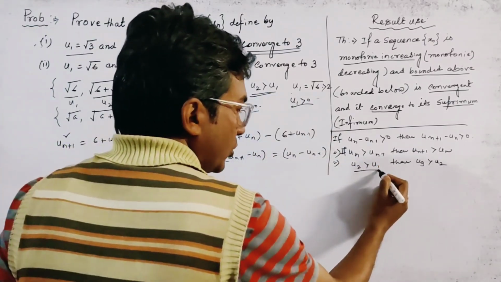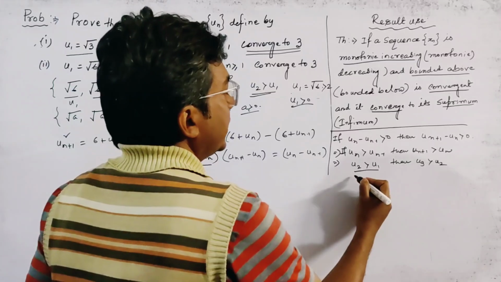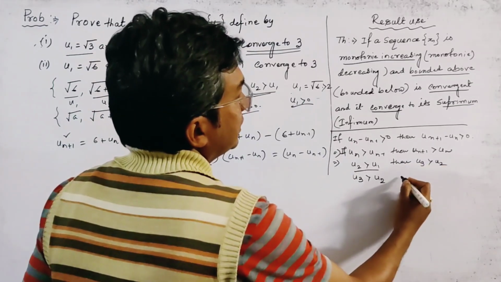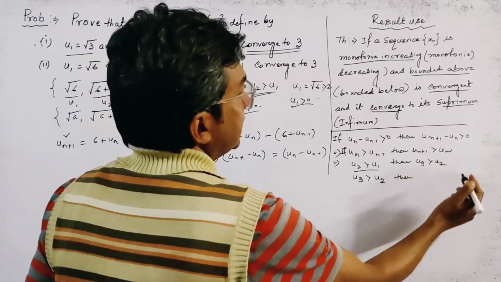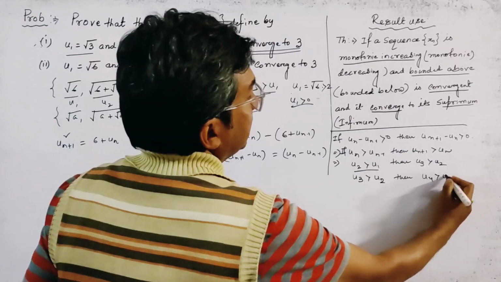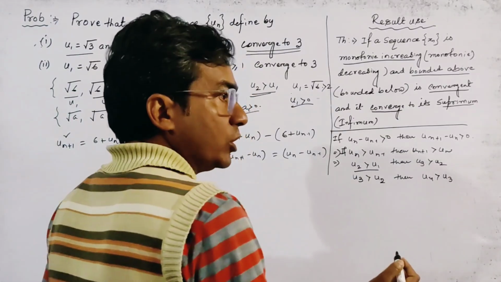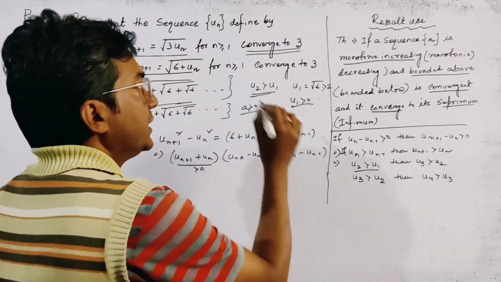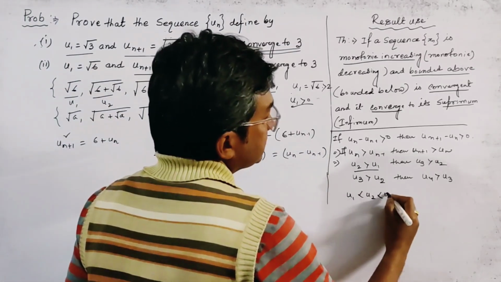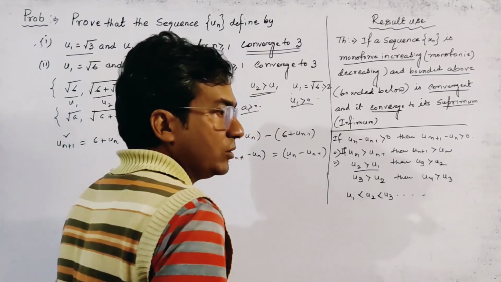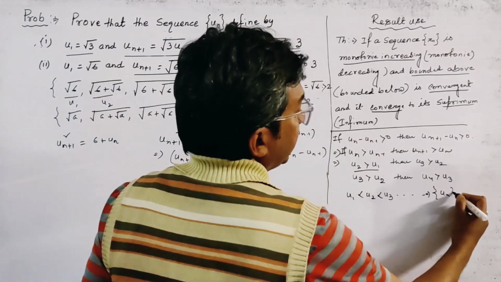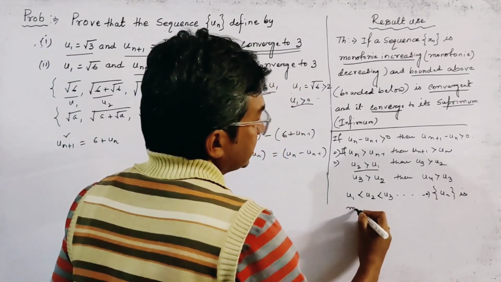Using u3 greater than u2 and putting n equal to 3, we get u4 greater than u3, and so on. So as in case 1, we write u1 less than u2 less than u3 and so on, and from this relation un is monotonic increasing.